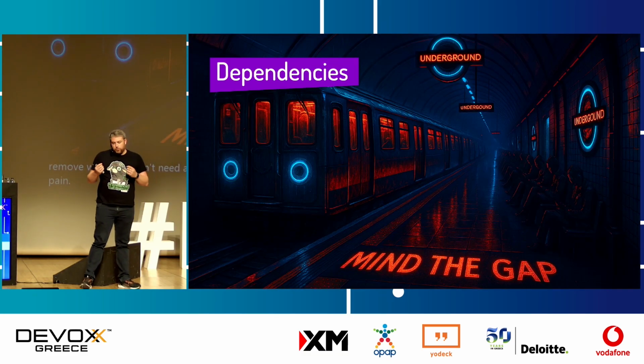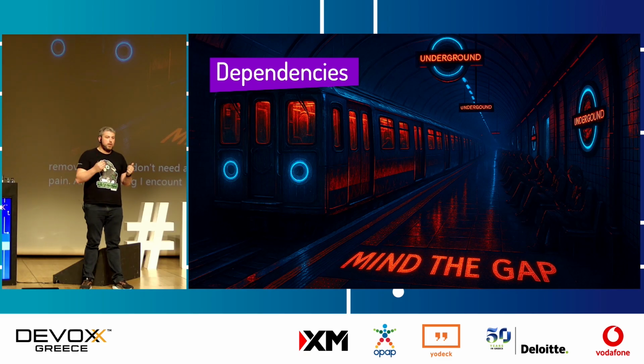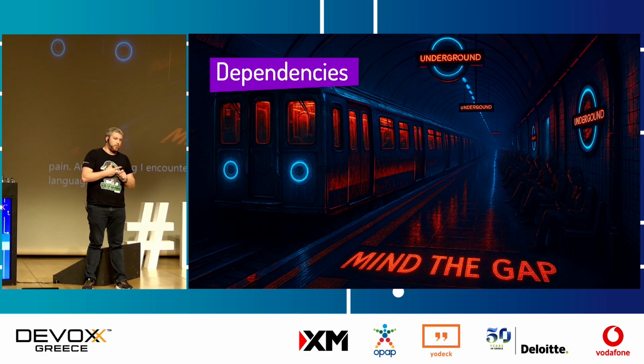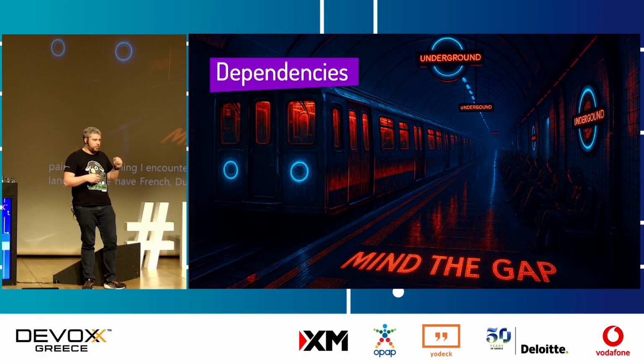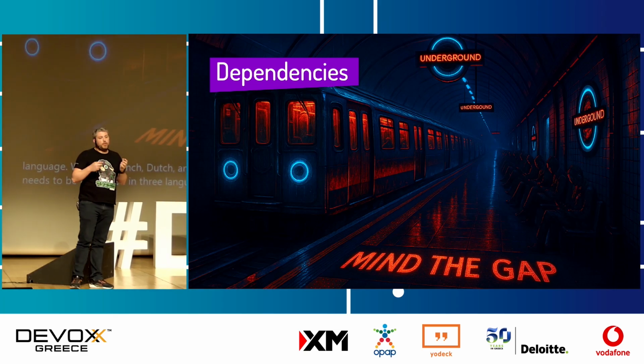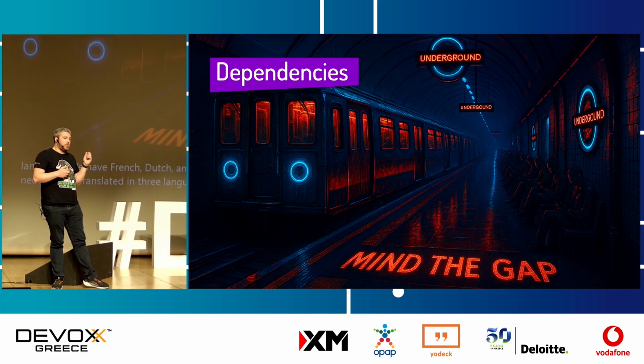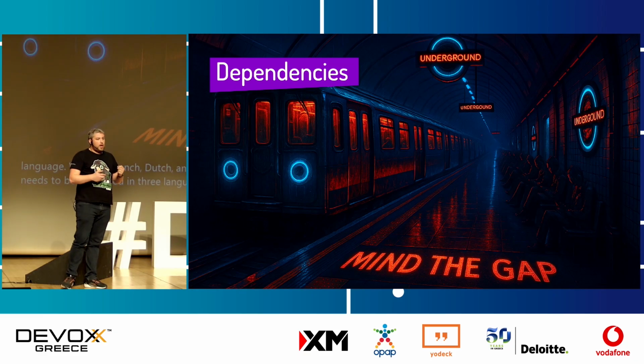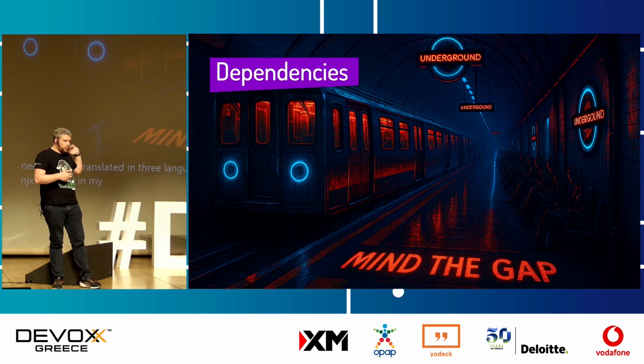Another thing I encountered: I'm from Belgium. In Belgium, we have 3 languages. We have French, Dutch, and German. It means every application needs to be translated in 3 languages. One way to do it in Angular is to use NGX Translate. And in my case, NGX Translate was used.